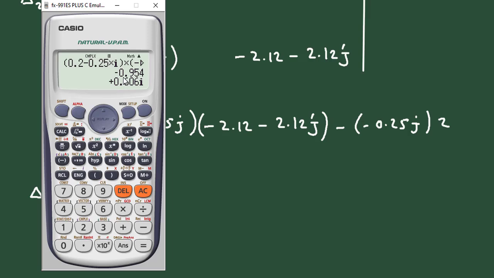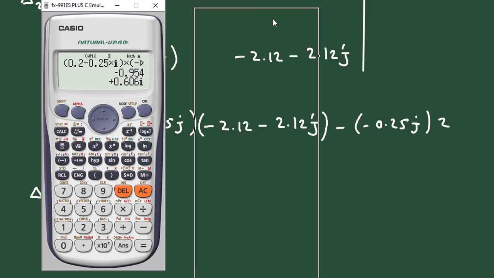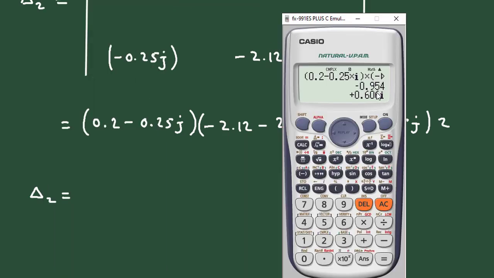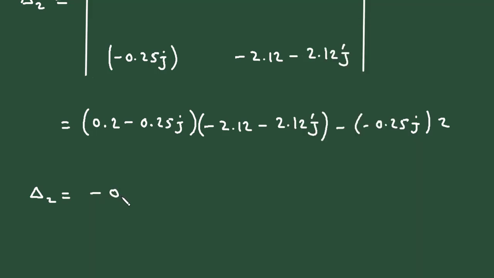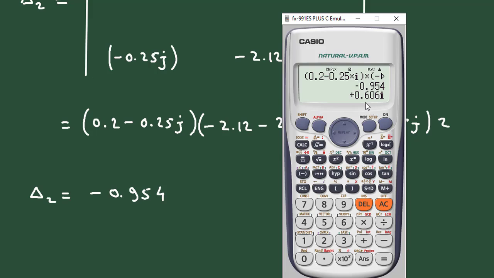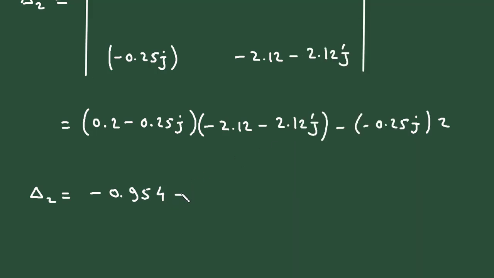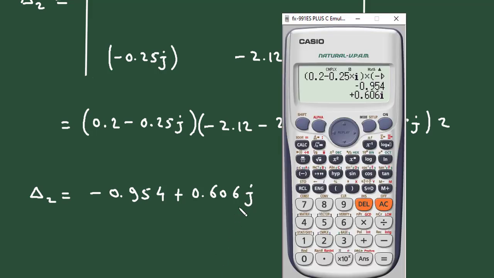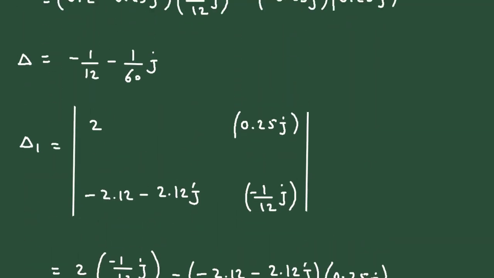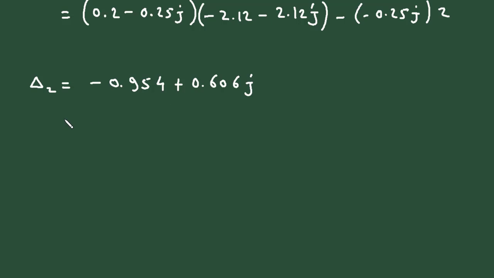So it is equal to minus 0.954 plus 0.606j. This is the value of delta 2. Now we got the value of delta 1 and delta 2. So we can find the value of V1.